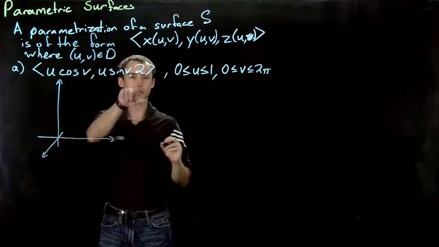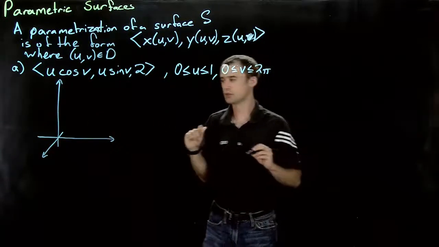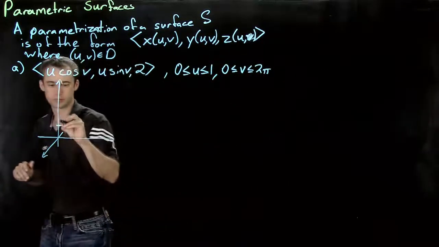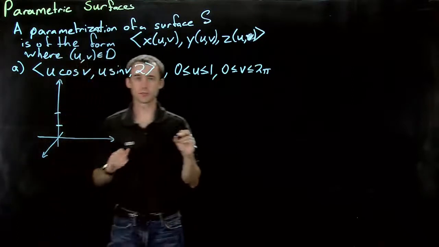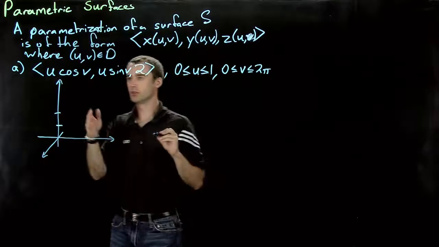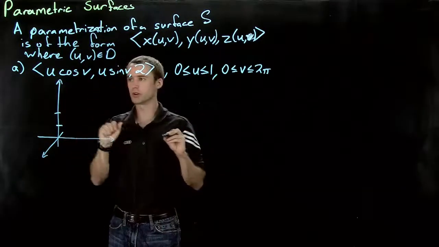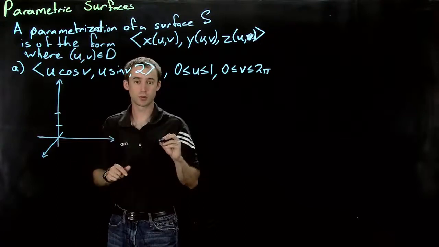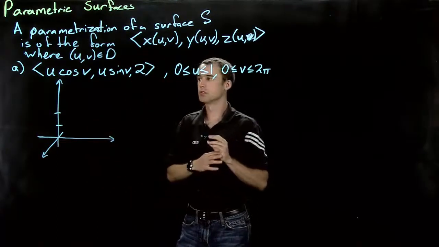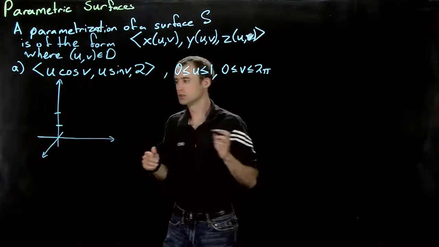So first of all, we can notice that everything is at height 2. So all the points in this surface have z value equal to 2. Furthermore, we can recall that x squared plus y squared is equal to u squared, which is a disk. And furthermore, u goes from 0 to 1, so it's a solid disk.